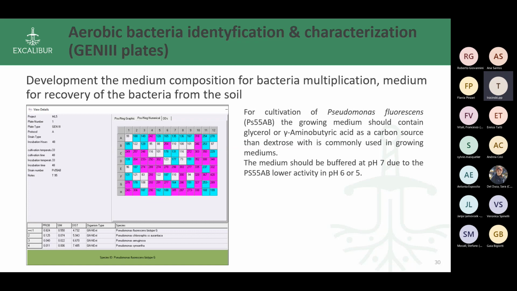For example, here we have Pseudomonas fluorescens, and this Pseudomonas should be grown with glycerol or gamma-aminobutyric acid as a carbon source, because dextrose is not very well metabolized by this strain.